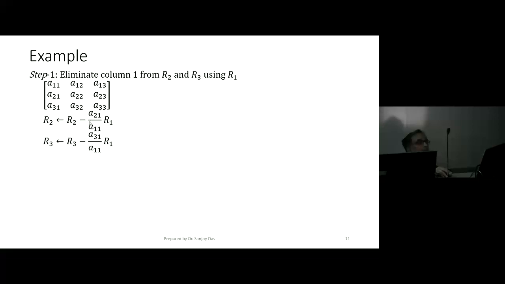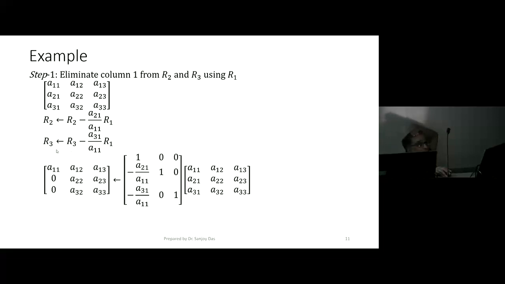Okay, so this is the scale, and I subtract the scaled version of R1 from R2. And then I do the same thing with row 3. I scale R1 using A31 over A11 as my factor, and then I subtract the scaled R1 from R3 to get my new R3. So this is what I did.